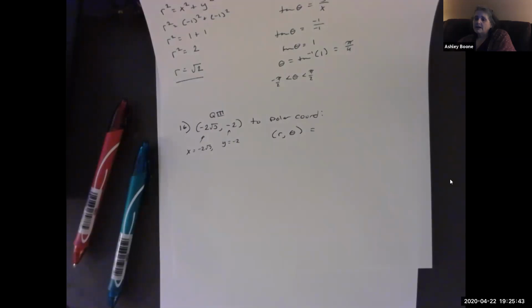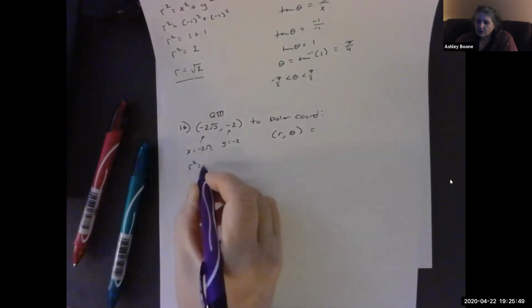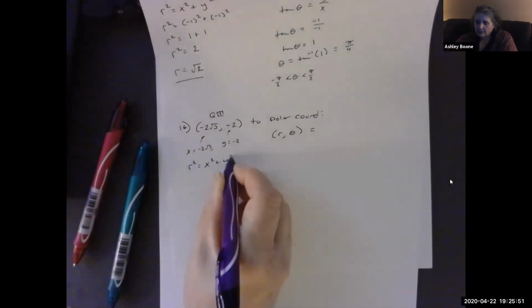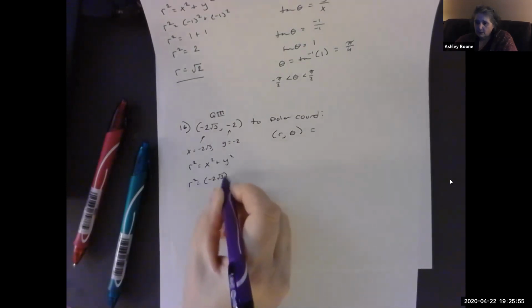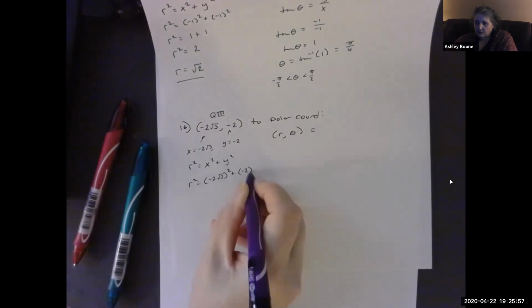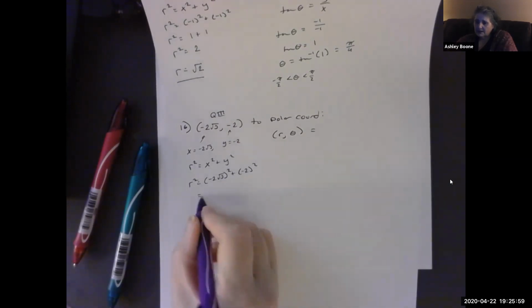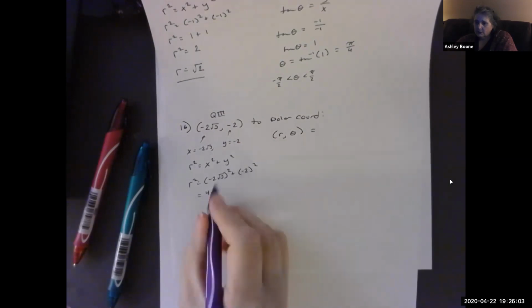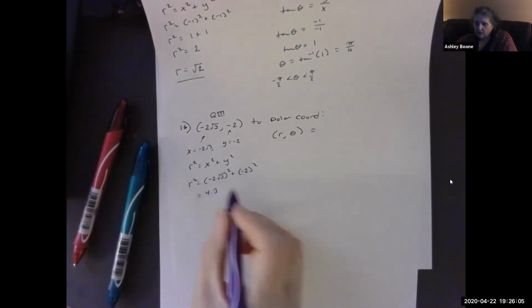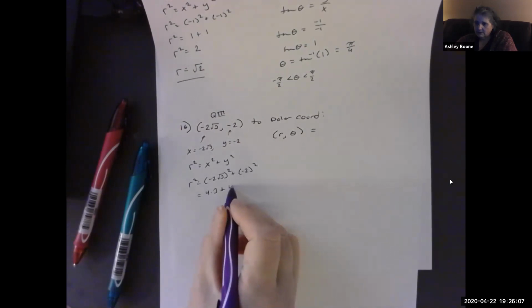But since we know x and y and we don't know r and theta, the ones that are most useful, we know that r squared is x squared plus y squared. So r squared would be equal to -2 root 3 squared plus -2 squared. That's going to be -2 squared is 4. Square root of 3 squared is 3. -2 squared is 4.